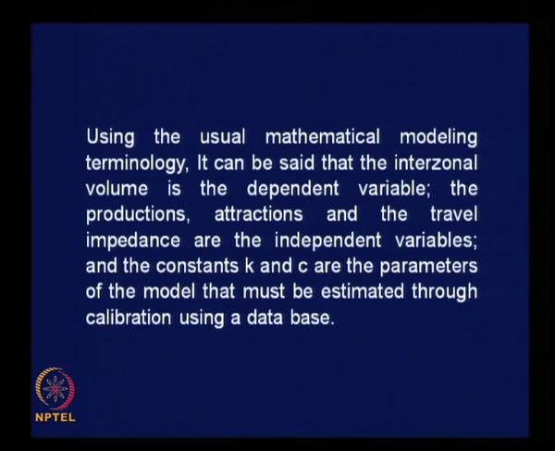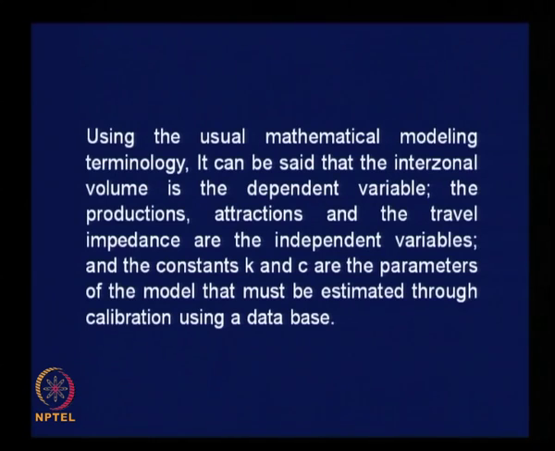The productions Pi, attractions Aj and the travel impedance Wij raised to power c are the independent variables, is it not, and the constants k and c are the parameters of the model that must be estimated through calibration using a database.